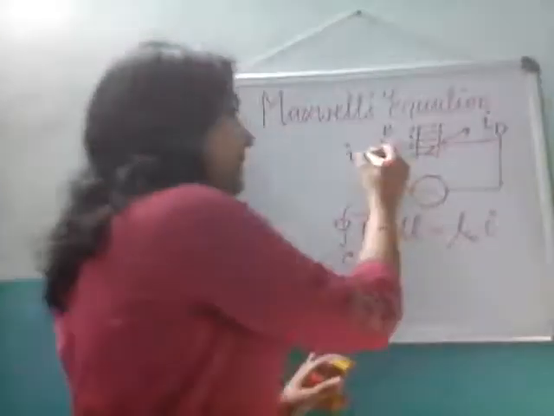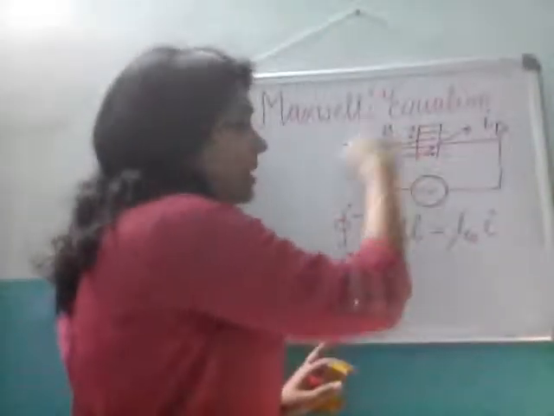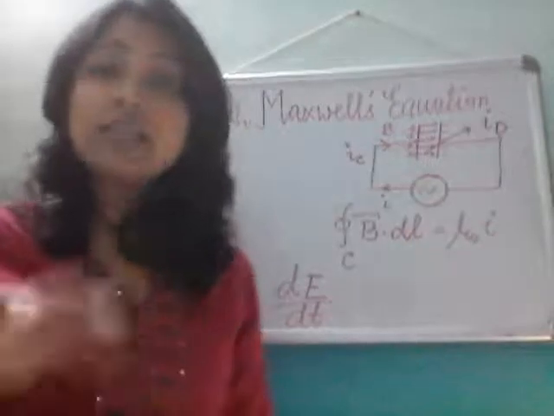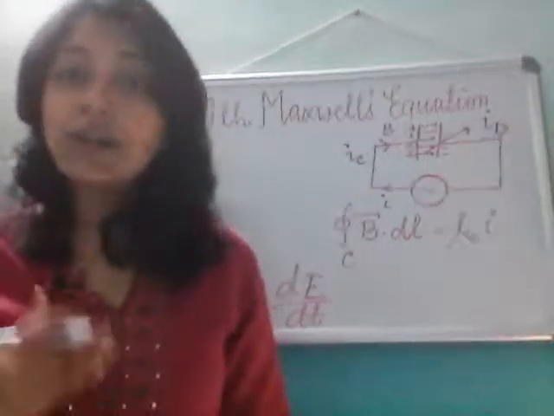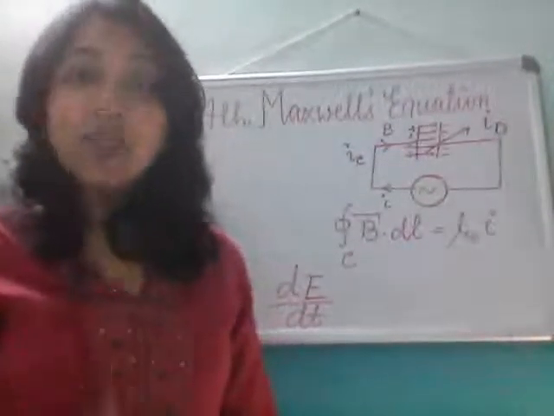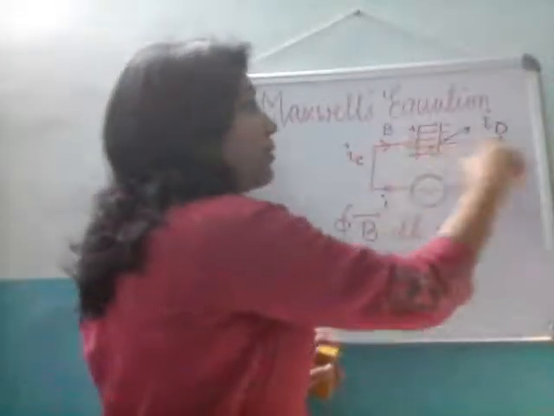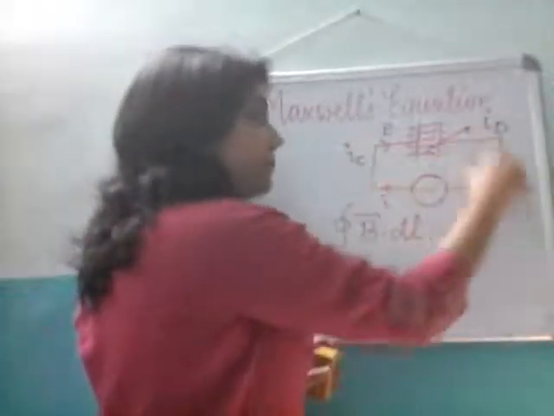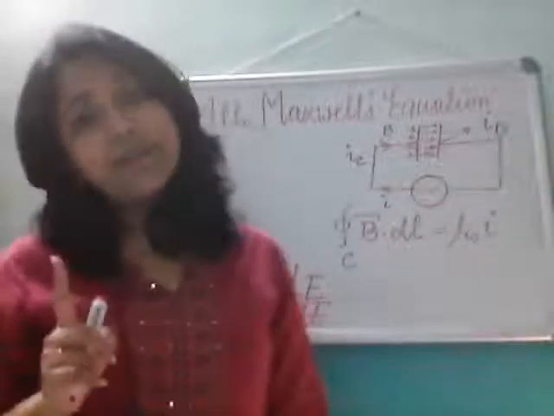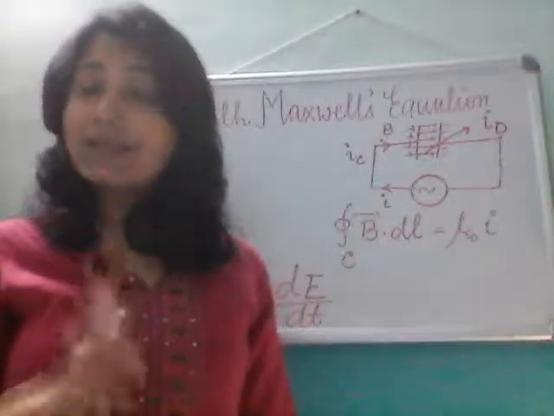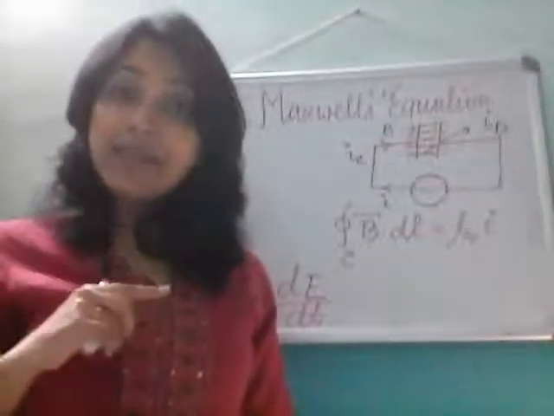And the normal current which we generally think of is to be called the conduction current IC. Whenever there is the presence of a wire, a conductor, the current flowing will be termed the conduction current IC.